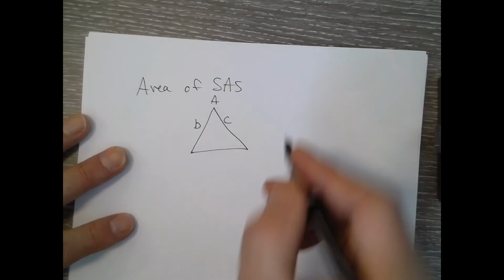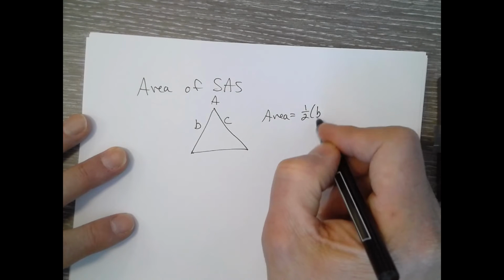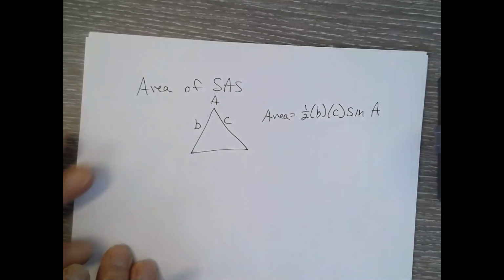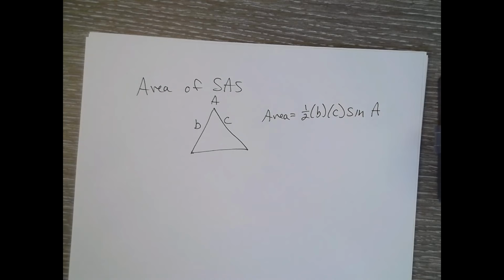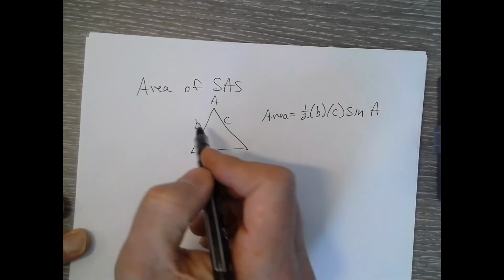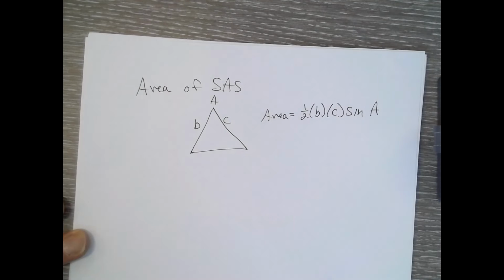The area is going to be 1/2 B times C times the sine of A. So it's 1/2 of one adjacent side times the other one times the sine of the interior angle.